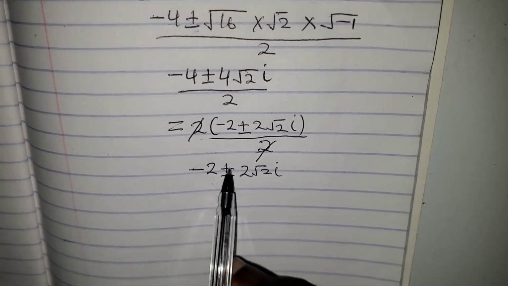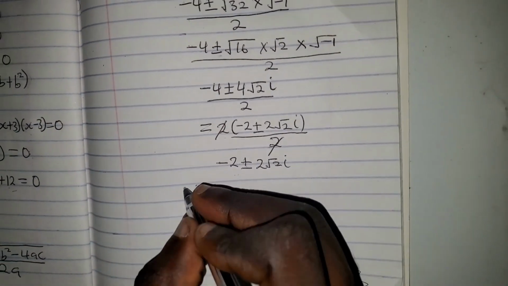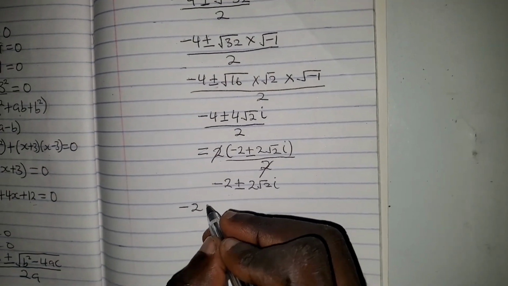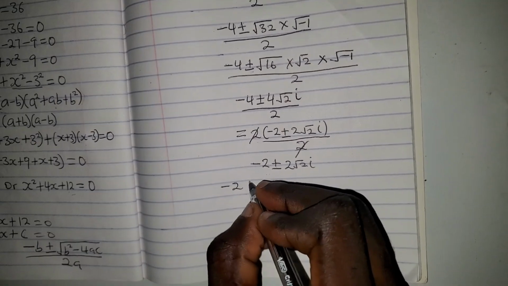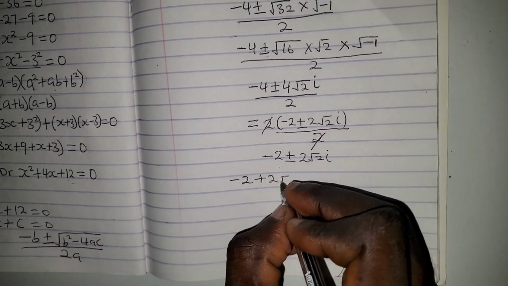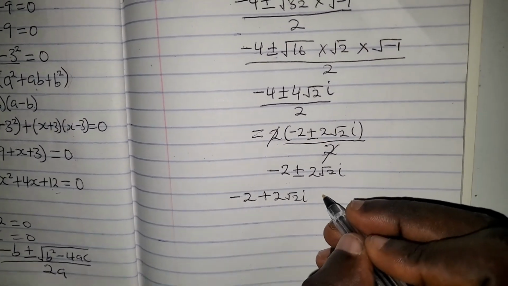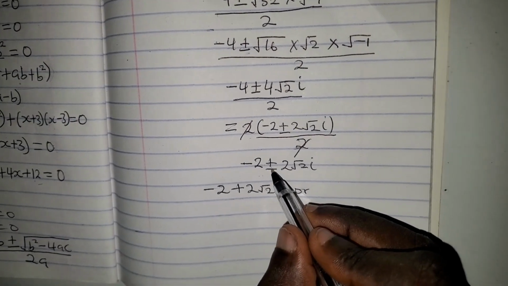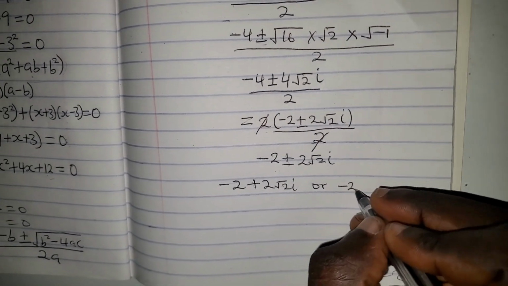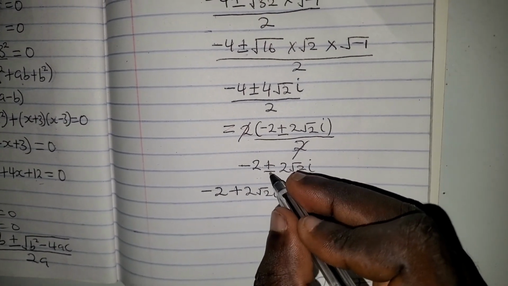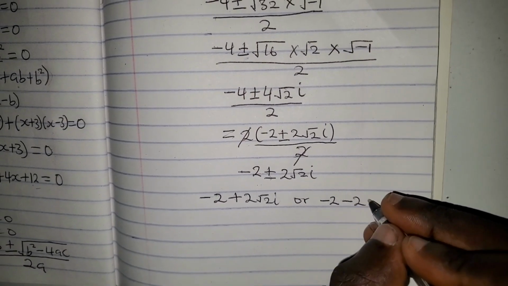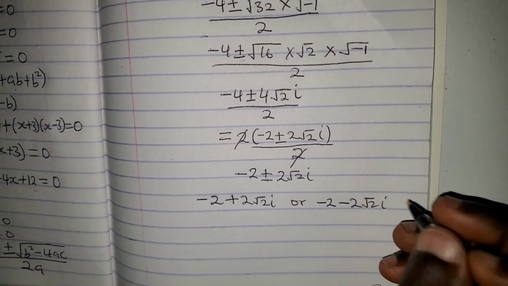So I can write this separately as minus 2 plus 2 root 2i, or, for the second time, considering the minus, minus 2 minus 2 root 2i.